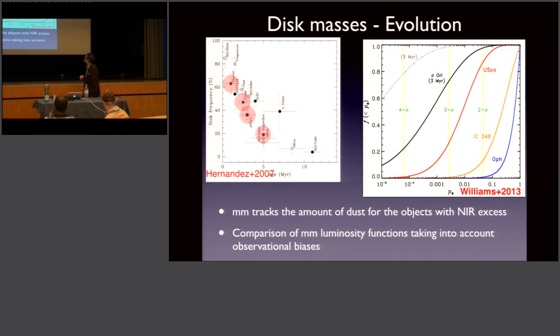And basically, this plot is a complicated plot, but for each of the star-forming regions that are shown in this plot, Ophiuchus is a young star-forming region, even younger than Taurus, or more or less the same age. IC348 is here, okay? So it's slightly older than Taurus.